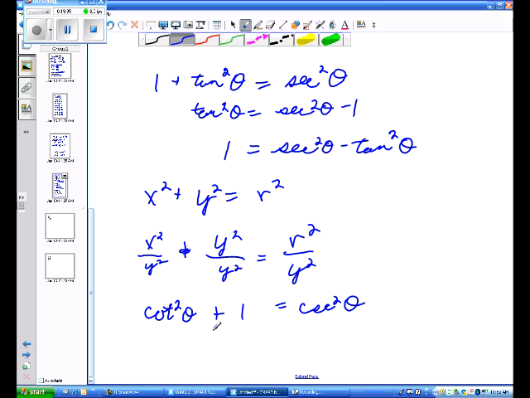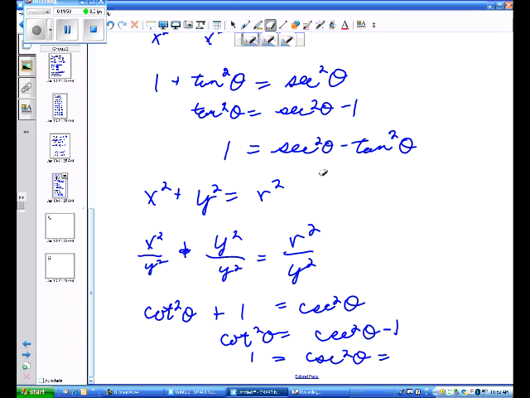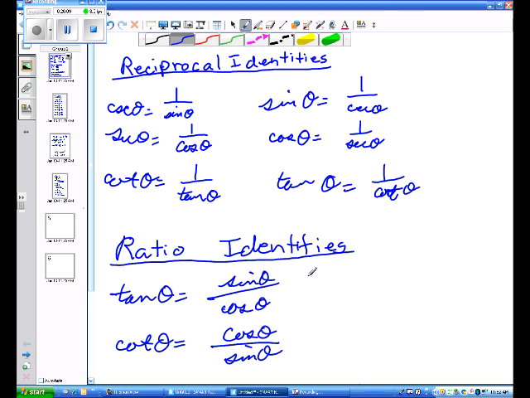Again, we could subtract 1 from both sides, so cotangent squared equals cosecant squared minus 1, and subtracting cotangent squared from both sides, then 1 equals cosecant squared minus cotangent squared. So we have our Pythagorean identities, and we'll just add those.